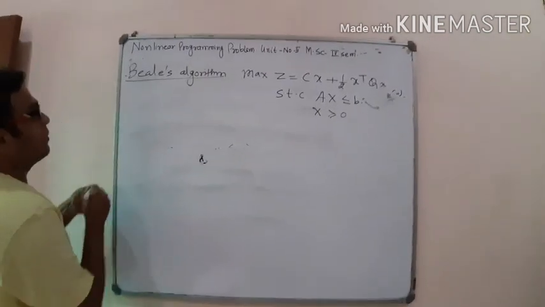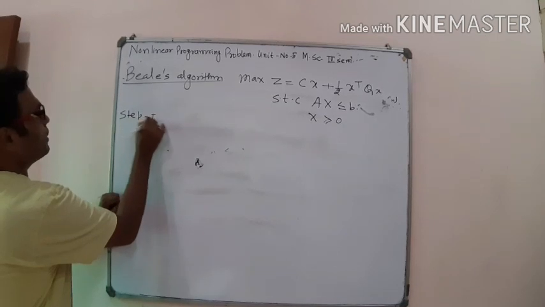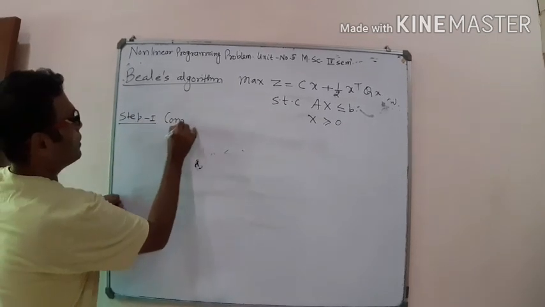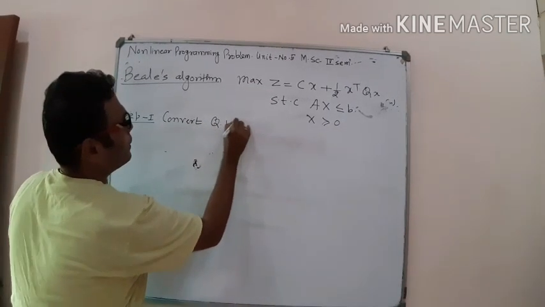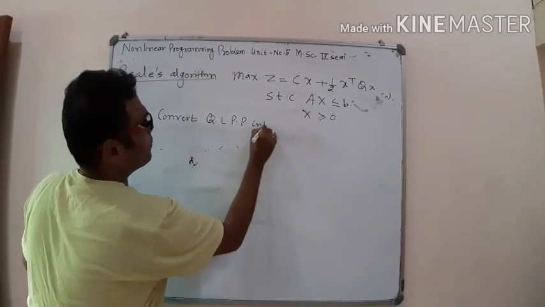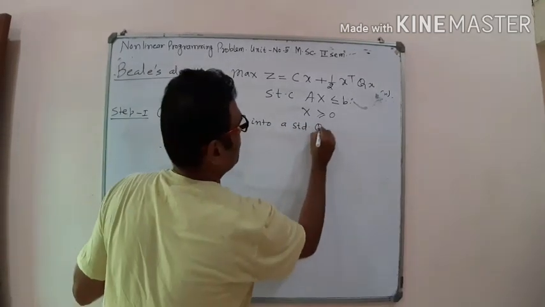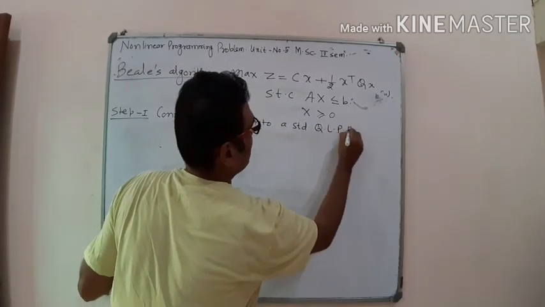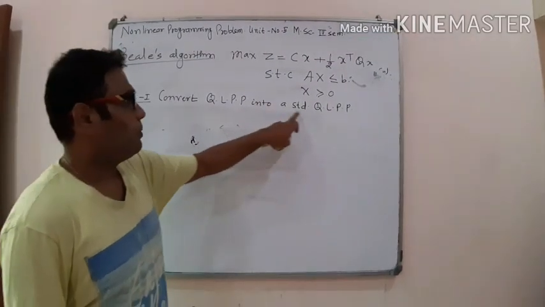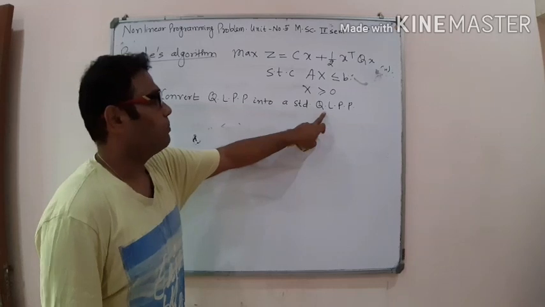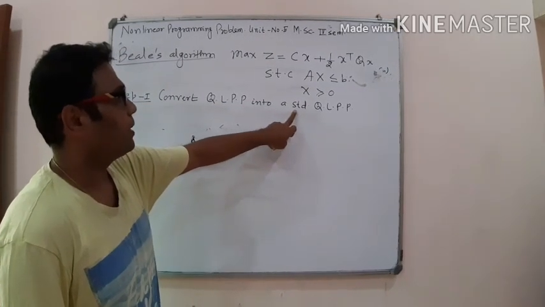According to this algorithm, step number 1: convert the QLPP into a standard QLPP. What does that mean? Convert the quadratic programming problem into the standard form.